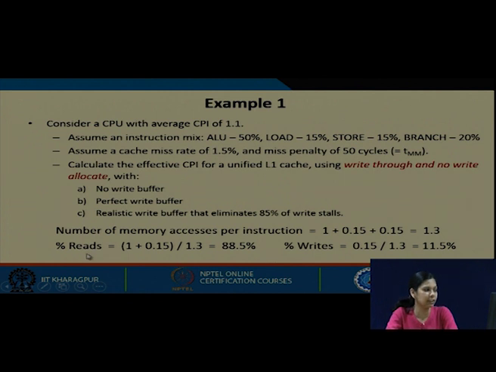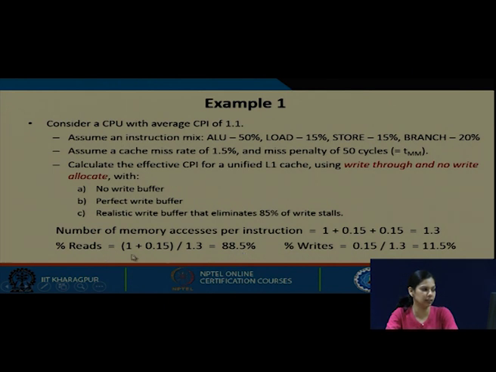Now, what will the percentage read be? The percentage read will be when we are reading a particular instruction, and then again when we are loading a word. So, 1 for reading every instruction and 0.15 for load instruction, divided by the total number of memory accesses per instruction, which is coming down to 88.5%.